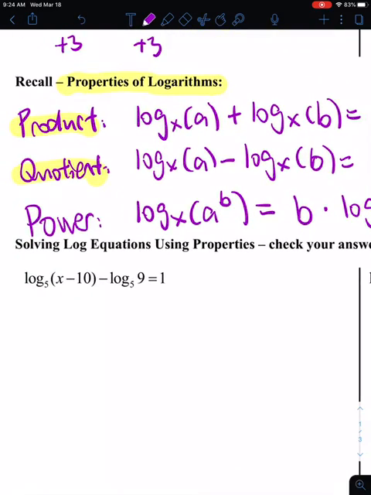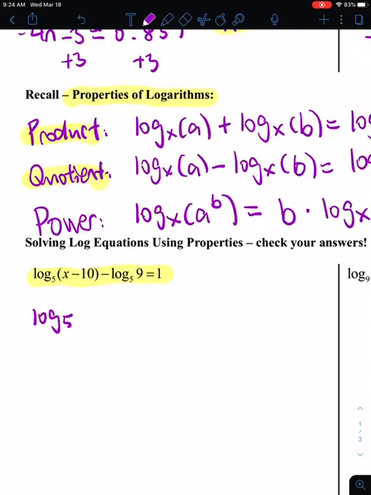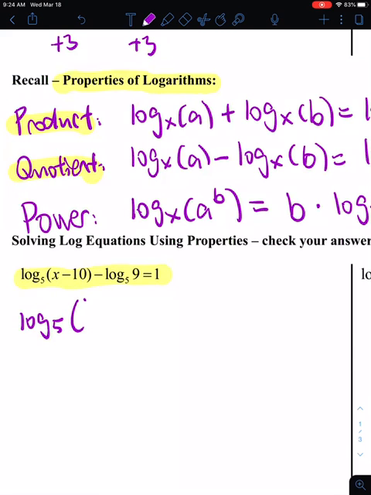So for example, over here, if I have log base 5 of x minus 10 minus log base 5 of 9 equals 1. Well, notice how on the left-hand side we have these two log base 5s. So then we can actually use the quotient rule, right? So that says if it's the same base and they're being subtracted, we can actually make it division and under 1 log.